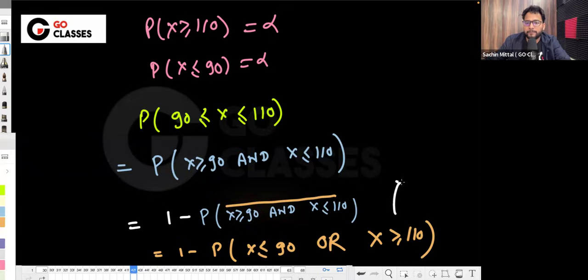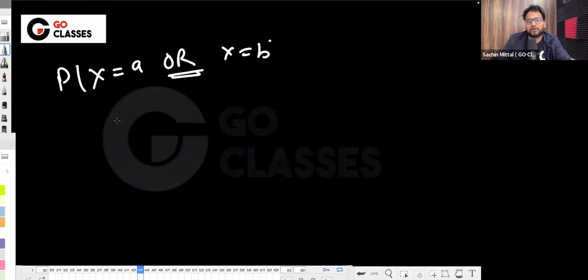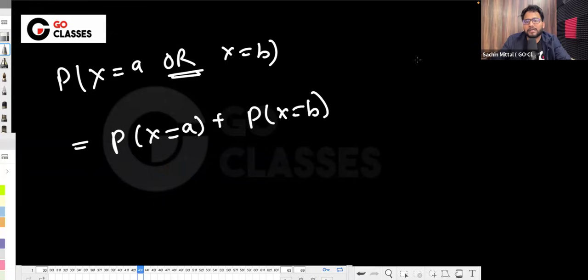So for any random variable, probability of x equal to a or x less than or equal to a, whenever we have or, then it is easy. Basically you can directly sum. Generally, for the or you also have to subtract some intersection part, right?